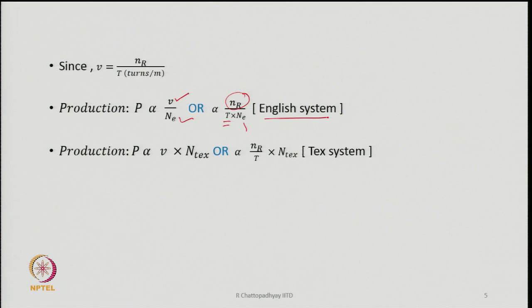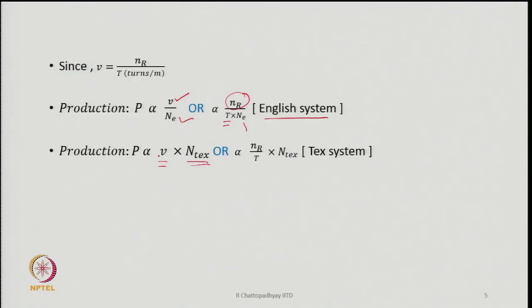If we want to express the count in tex system, in that case the production figure will be directly proportional to V, and also directly proportional to the yarn count expressed in tex. Or if I replace V by the rotor speed and twist, because V, rotor speed and twist are interconnected.